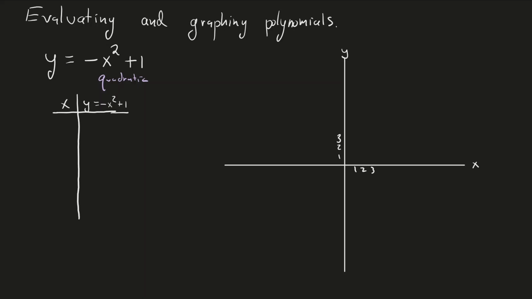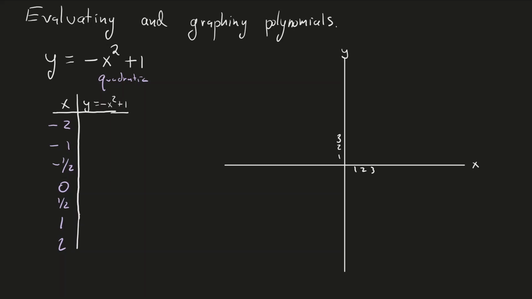What's nice about these is that when you start plugging in things, it gives you really nice values. So I'm going to start off with picking some values: negative 2, negative 1, negative 1/2, because you can plug in anything to these, 0, 1/2, 1, and 2.